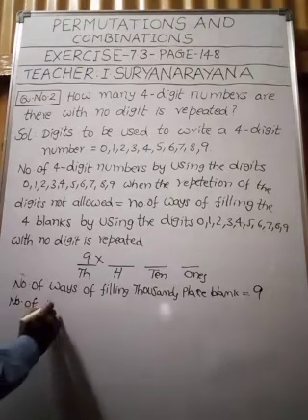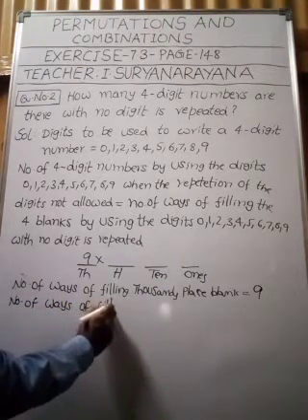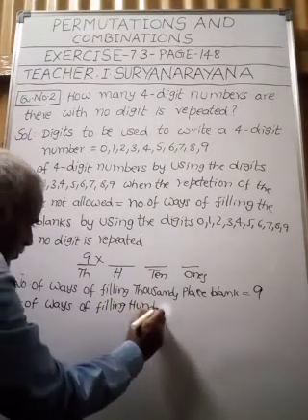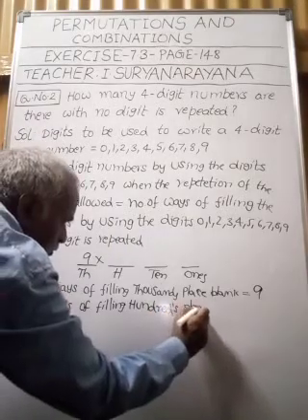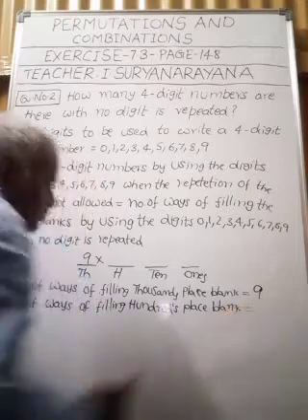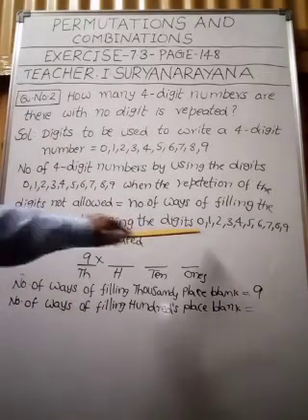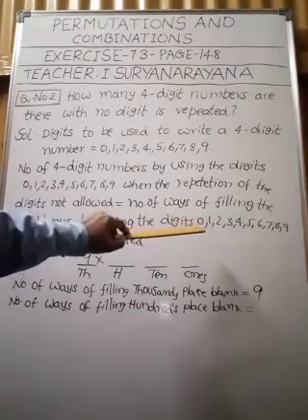Next, number of ways of filling hundreds place. Now come to this point. After filling this first blank, how many digits will be left in our hand? 9 digits.